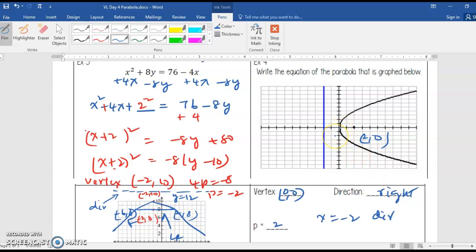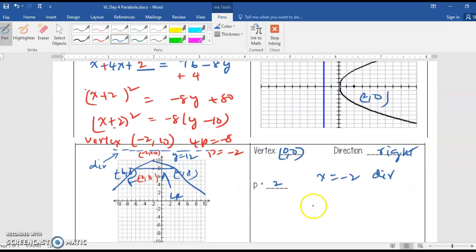The vertex is at origin, so it's going to be plain simple y squared without h and k. So it is 4 times p, which is 8. So it is going to be 8x. So that's the equation.